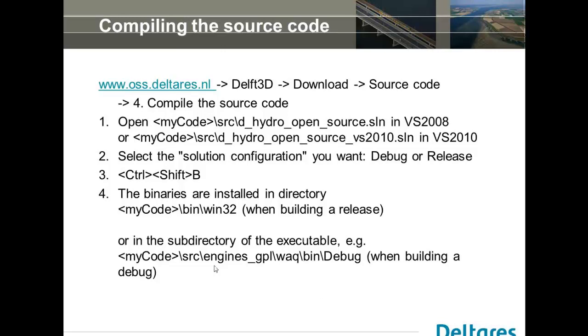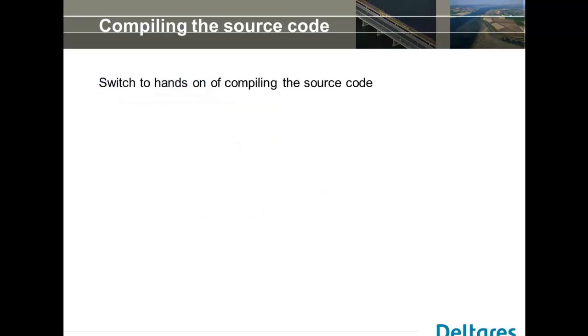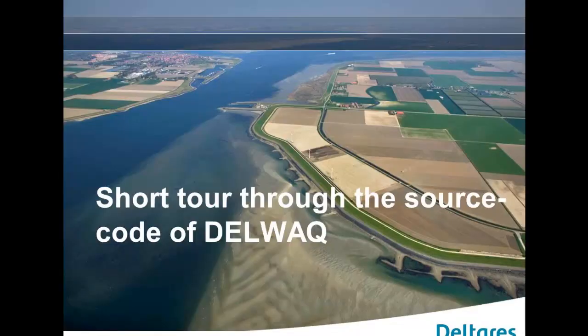If you are debugging, then the executables will be placed somewhere a bit closer to the code they were built from. For DELWAQ, this will be in the source engines GPL, WAQ, bin, debug, and it will place the DLLs you need during debugging there as well, to facilitate your debugging activities.